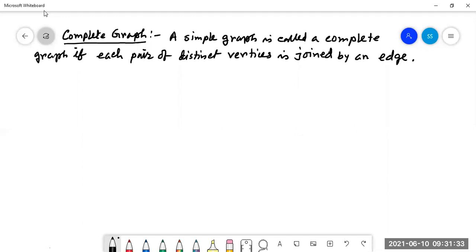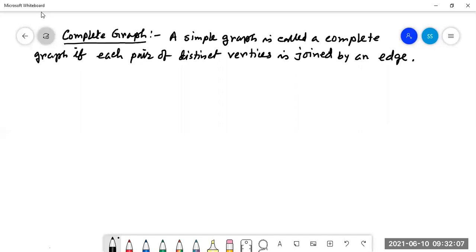What is a simple graph? Here it is given that a simple graph is called a complete graph, so at first we have to know what a simple graph is. Tell me someone, what is a simple graph? The graph having no self loop and parallel edges. Okay. So it is a simple graph. It is called a complete graph if each pair of distinct vertices is joined by an edge.